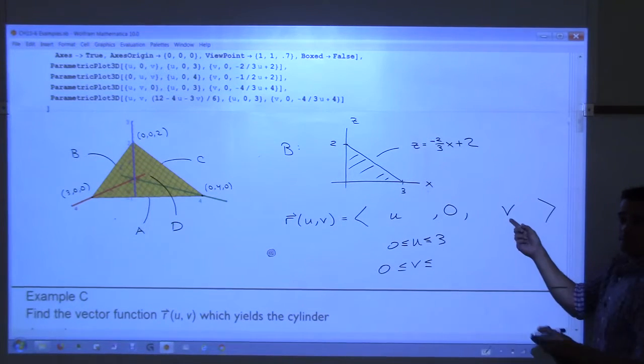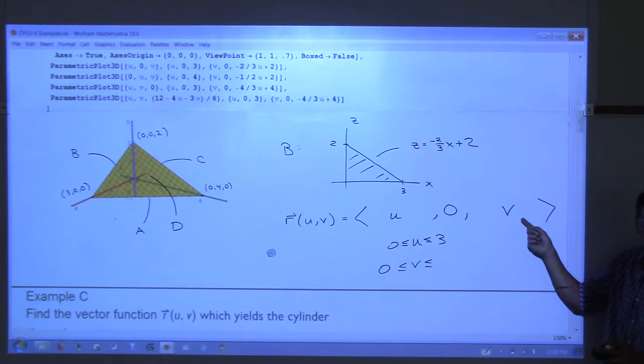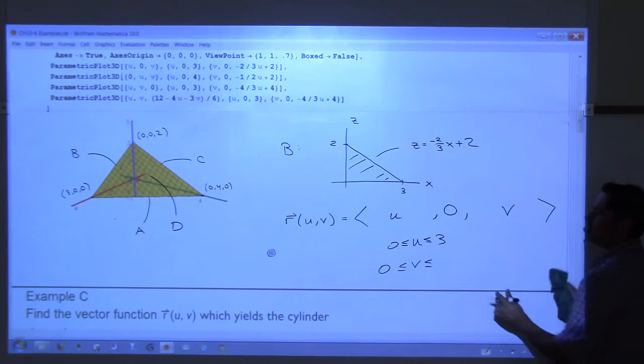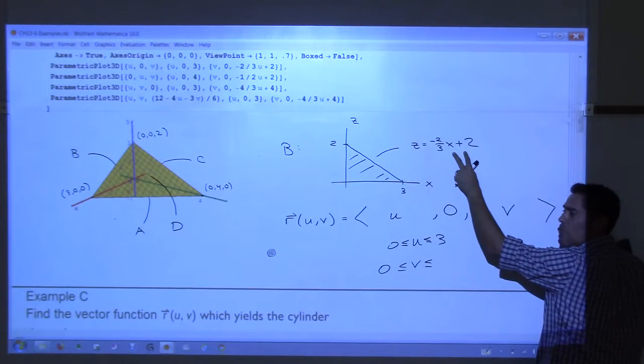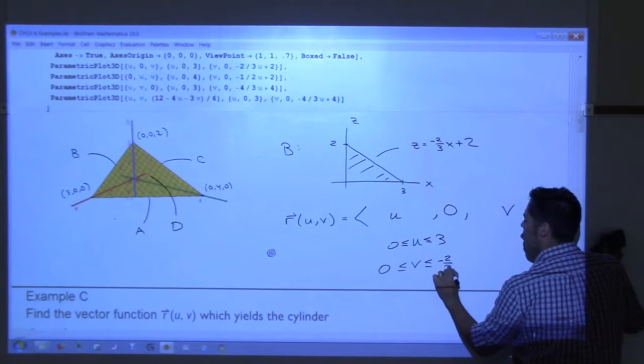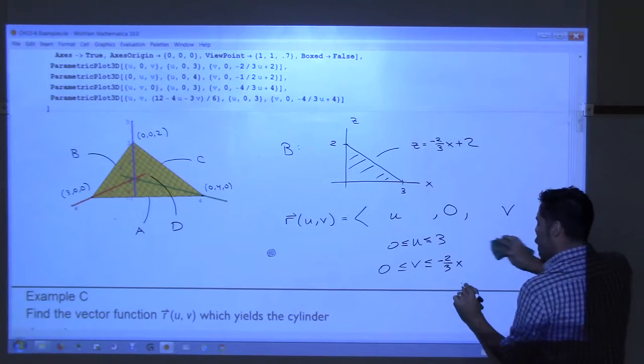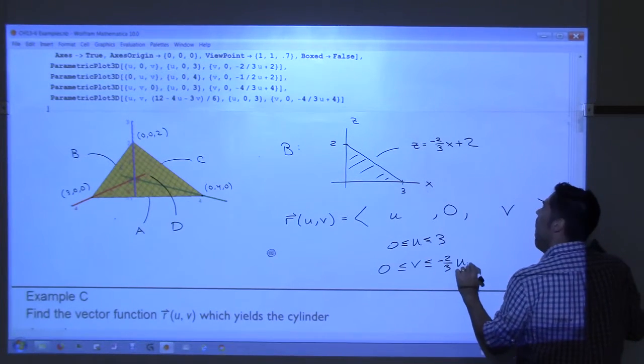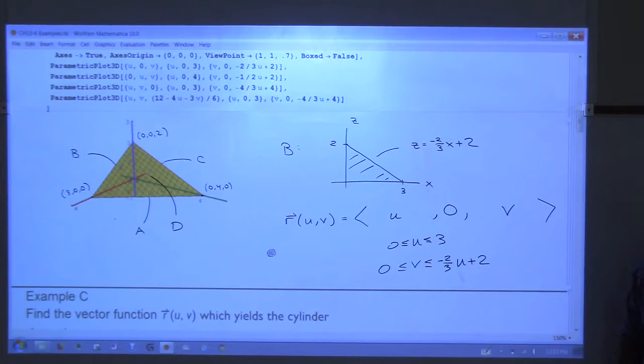This is going to be our v, right? Our z component is going to be v, and that v is going to be between 0 and this thing with x replaced with u. So -2/3 u plus 2. Okay?